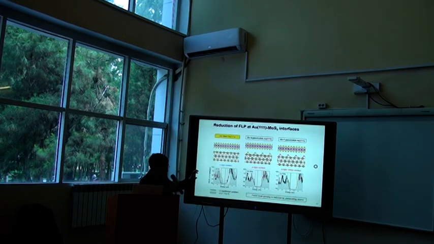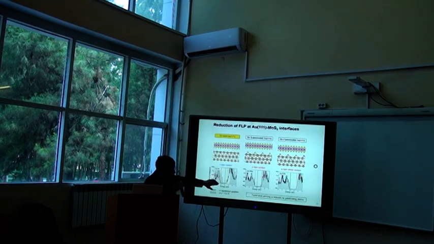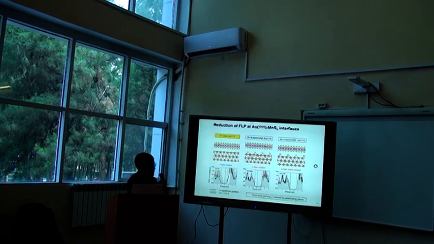At the interface at the equilibrium position contact, you can see the Fermi level is close to the conduction band minimum, which shows an N-type contact.